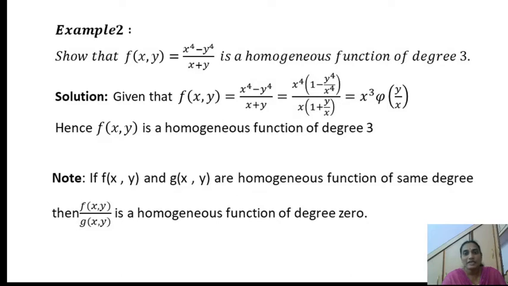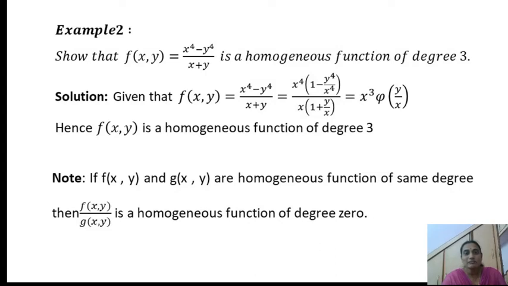Then we get x^4(1 - (y/x)^4) divided by x(1 + y/x). After simplification, we get x^3 φ(y/x). Hence, f(x,y) is a homogeneous function of degree 3.